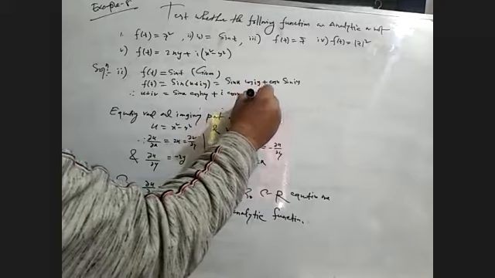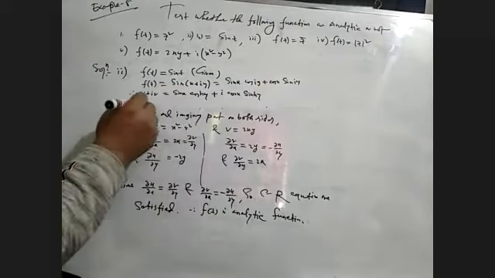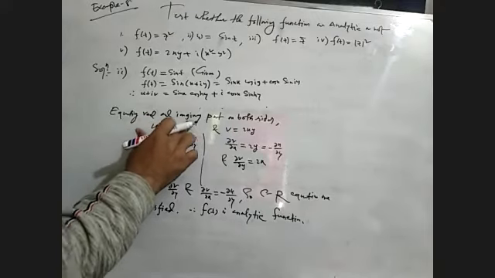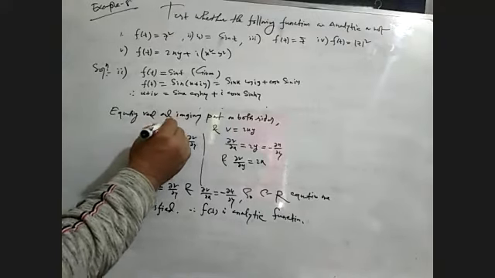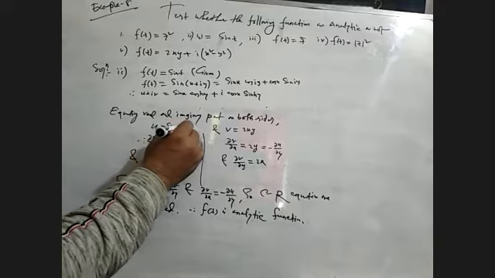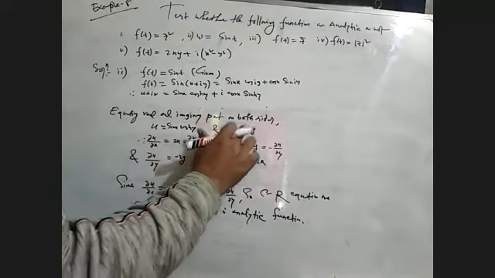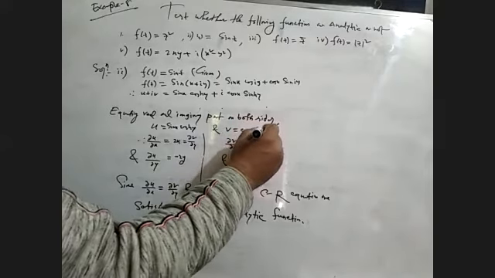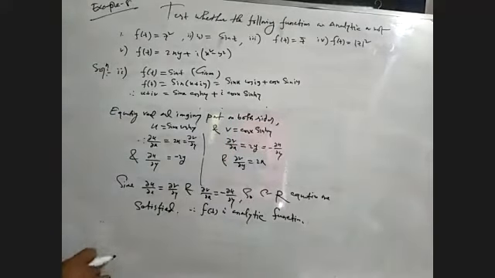Now equating real and imaginary parts, we get what? u equals sin x cos hyperbolic y, and v equals cos x sin hyperbolic y.